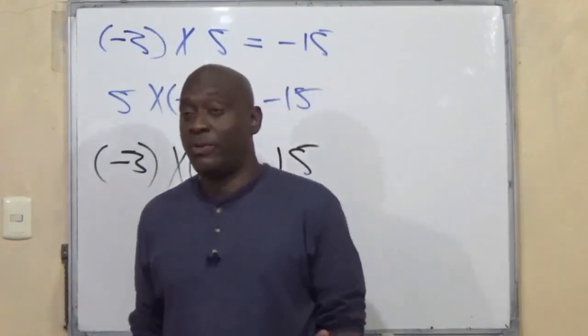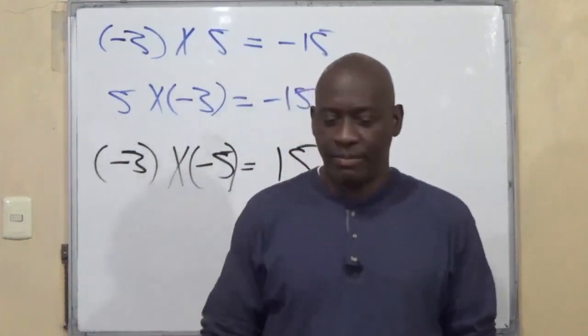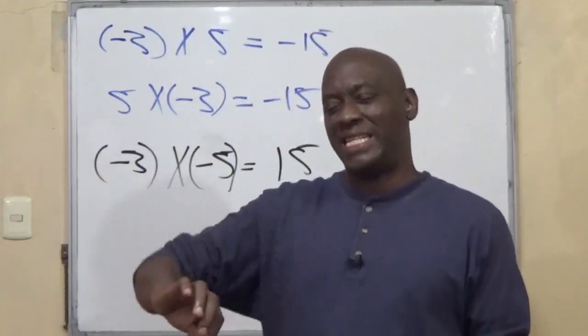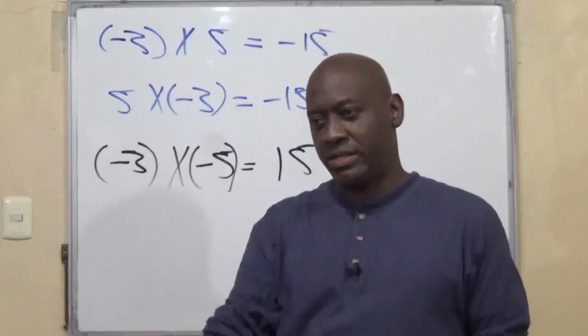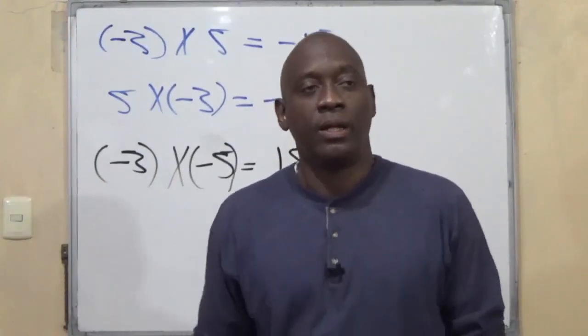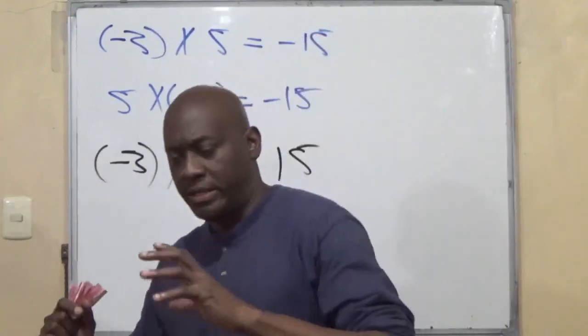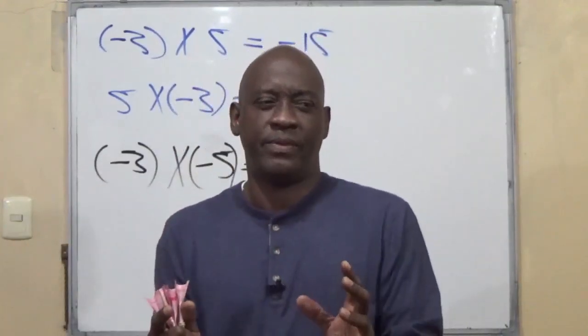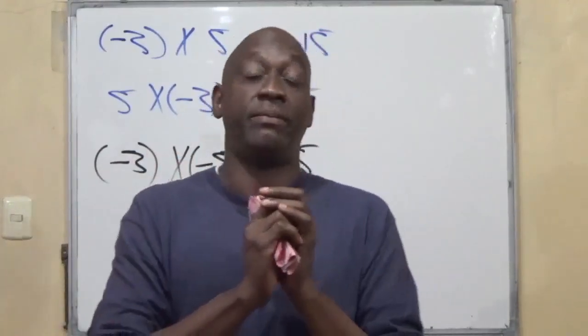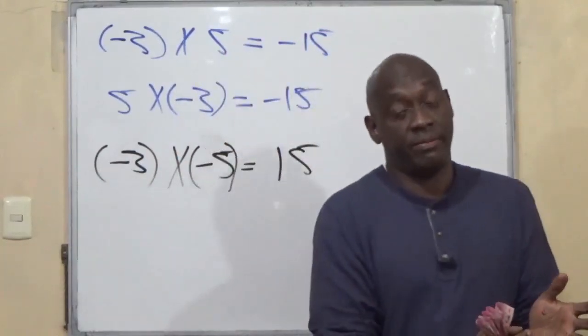We have YouTube now, we have technology now. There might be somebody somewhere with a better explanation. There may be a different kind of situation, it might be money, it might be something else, where you could show that a negative number multiplied by a negative number will give you a positive number.